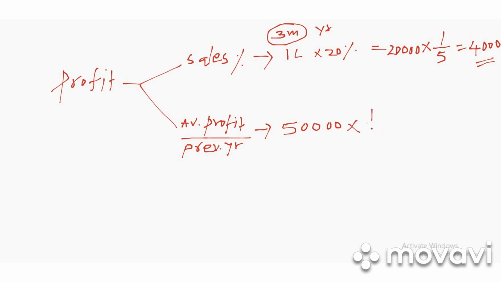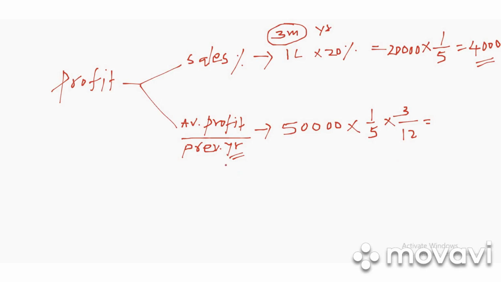Of course, the deceased partner's share is 1 by 5, and remember this is for one full year. Since it is given yearly for one full year, you convert his share into 3 months. That means 3 by 12 or 1 by 4. Understood? So this is another method.